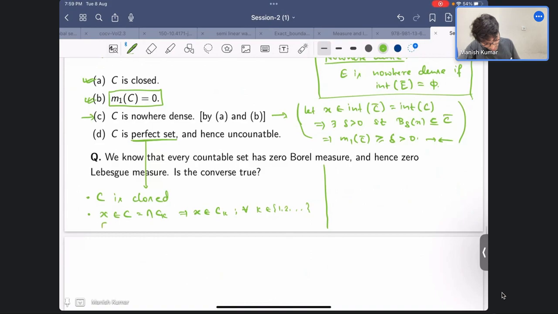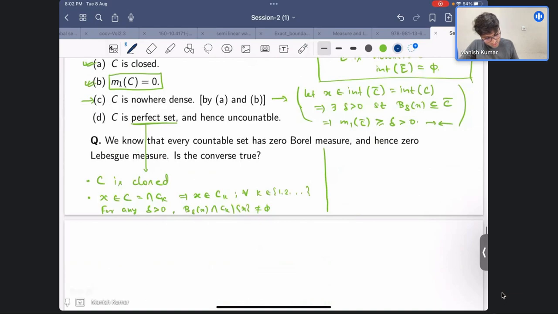Now if you choose any delta greater than 0, see this set B delta X intersect with this C k and then subtract X. Okay, so if you choose any element from the Cantor set and if you consider a ball around that point, and if you intersect with C k, it is always non-empty.